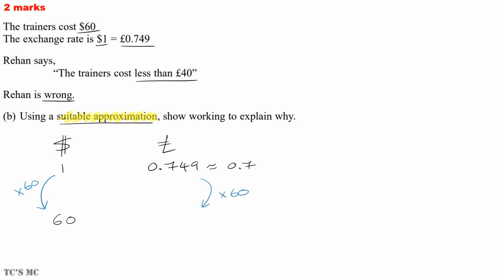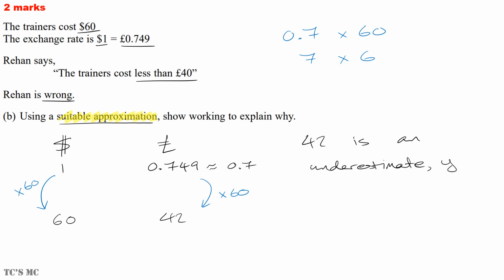I'm going to do that calculation at the top. 0.7 multiplied by 60 is the same as 7 multiplied by 6, and that is 42. So now we have 1 mark. Now we can say 42 is an underestimate. Remember, we rounded down, yet it is still more than 40. And now we have our 2nd mark.